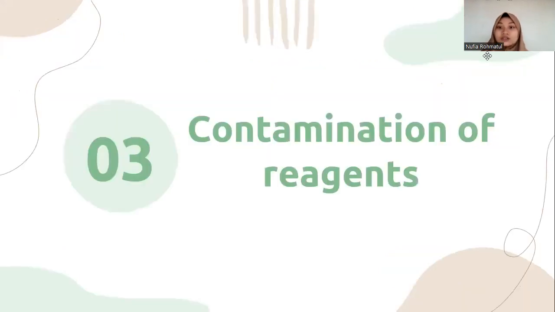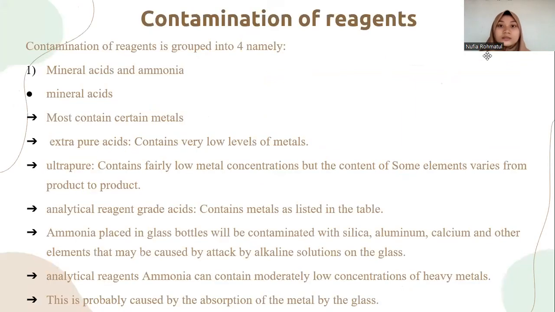And number three, contamination of reagents. Contamination of reagents is grouped into four, namely, number one, mineral acid and ammonia. Mineral acid almost always contains certain metal. Extra-pure acid contains very low levels of metal.